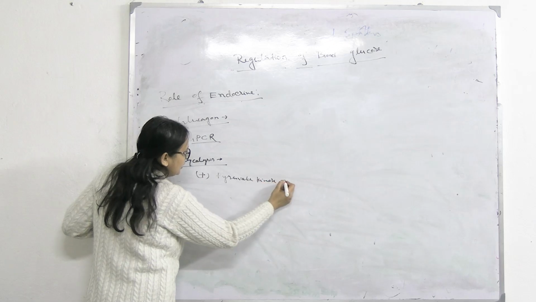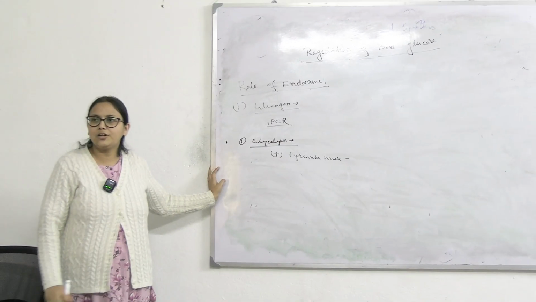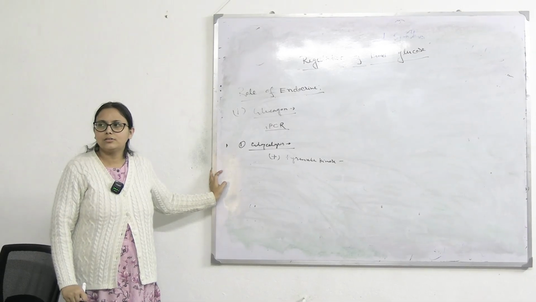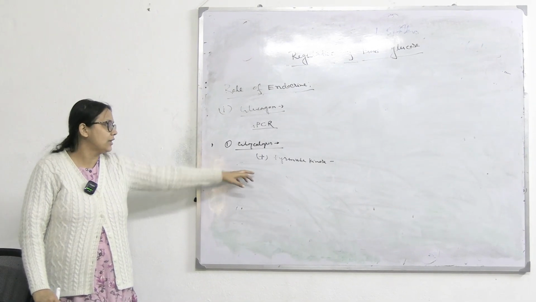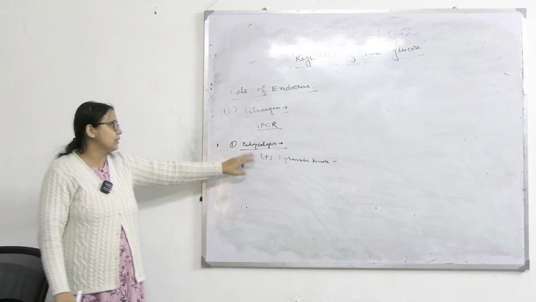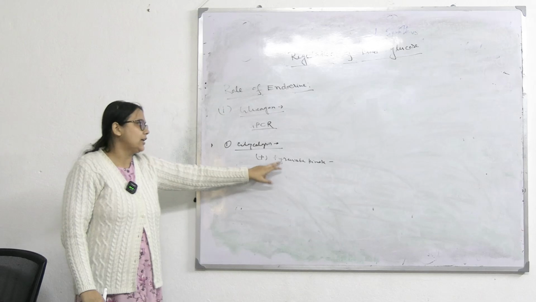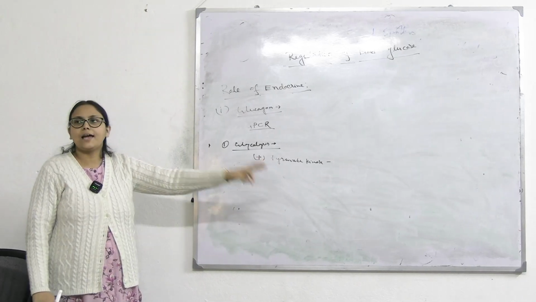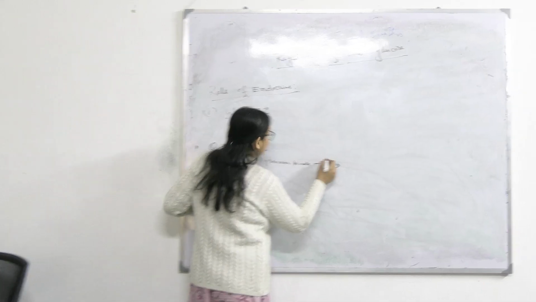What are the key regulatory enzymes for glycolysis? PFK, that is phosphofructokinase, then another is pyruvate kinase. So glucagon, it activates pyruvate kinase. So activation of pyruvate kinase means activation of glycolysis.